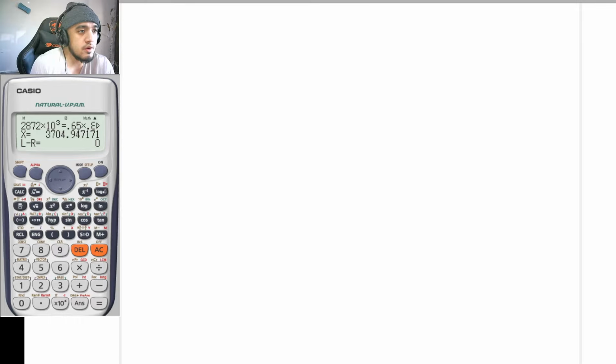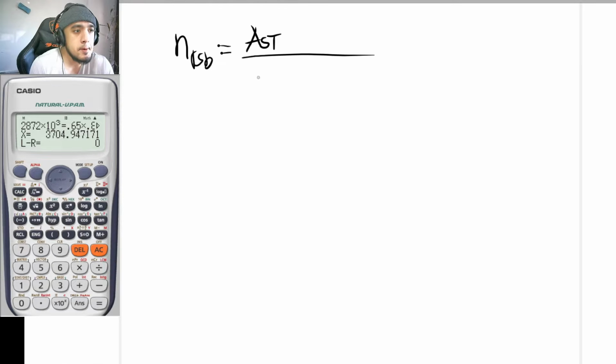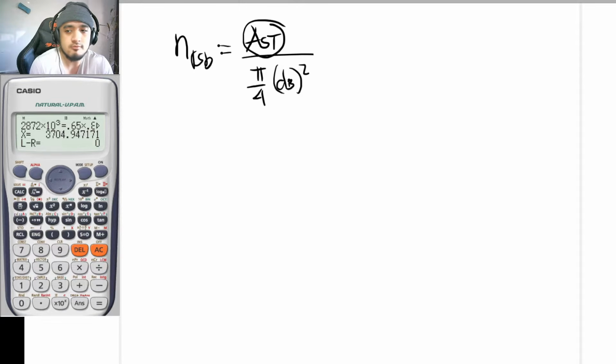For us to solve for the number of rebars, the number of RSB is equal to the total required steel area divided by pi over 4 times the diameter squared, dB squared. So basically, the total area divided by the area of one steel.